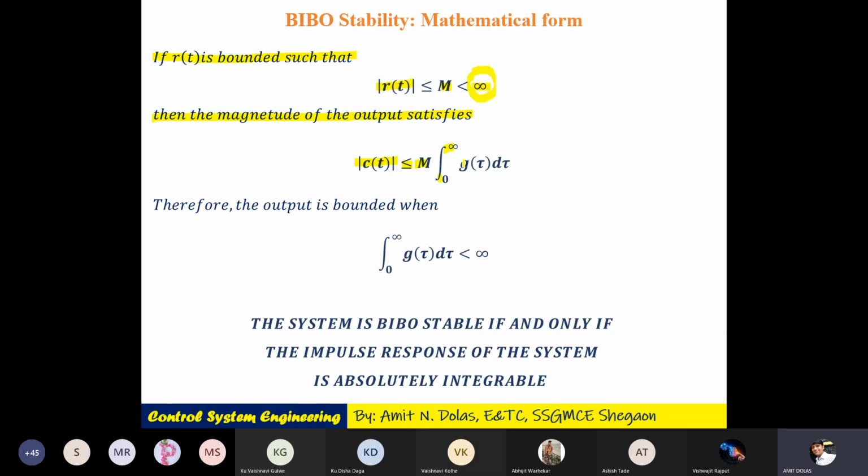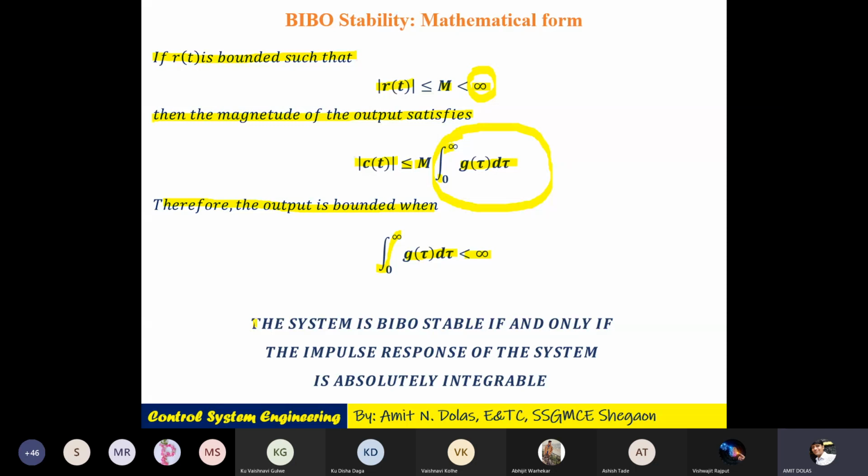So you can see this is absolutely integrable with some constant. Therefore, the output is bounded when the integral from 0 to infinity of G of tau d tau is less than infinity. This is the final conclusion: the system is BIBO stable if and only if the impulse response of the system is absolutely integrable.